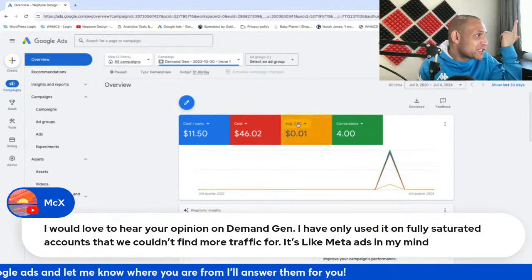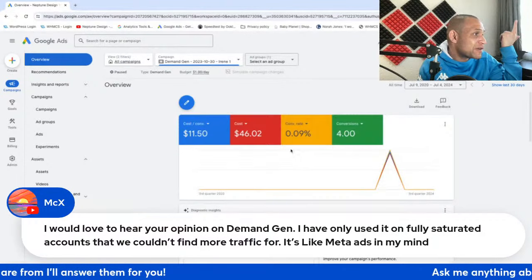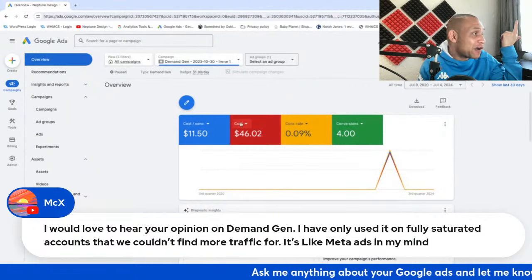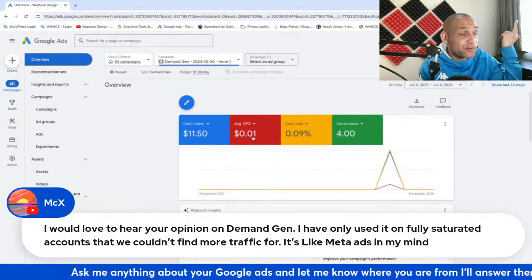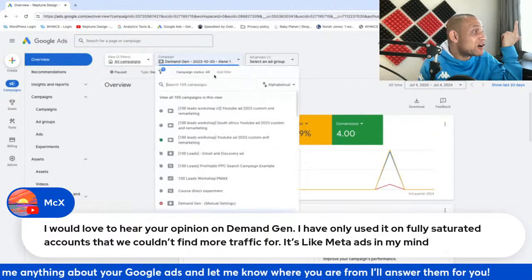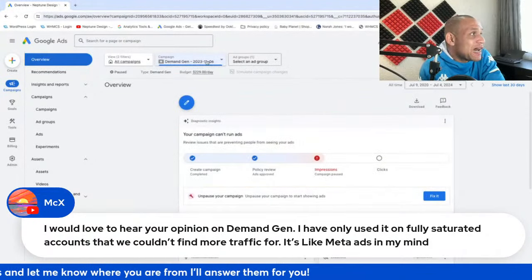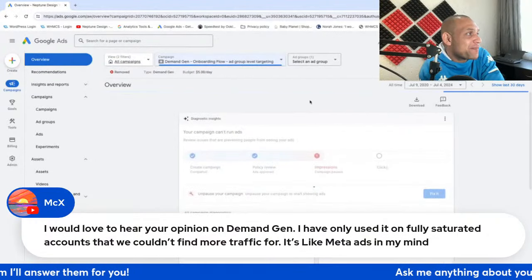Let's look at the conversion rate on this demand gen as well, just for interest sake. There we go, 0.09%, right? However, if we look at the cost per click, it's going to be super cheap, 1 cent, right? So what I typically do with these demand gen campaigns is I run them purely as a supplemental campaign.